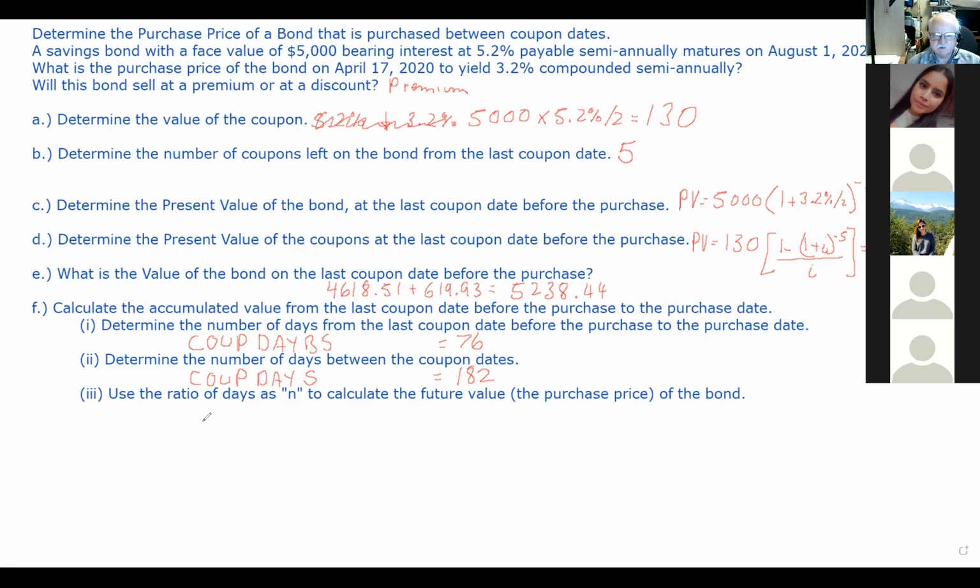So this calculation is going to be future value equals 5238.44 (1 + i) to the power of 76 over 182.